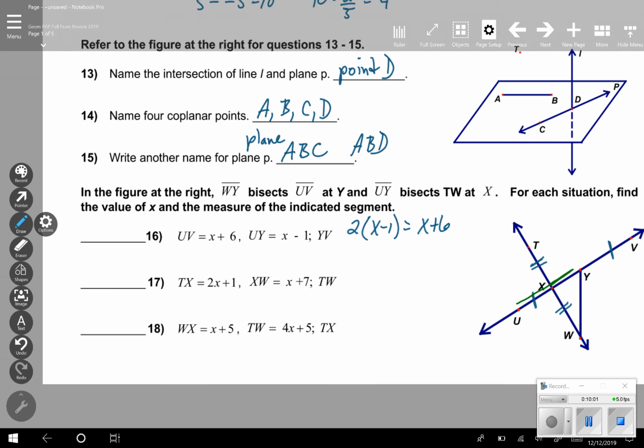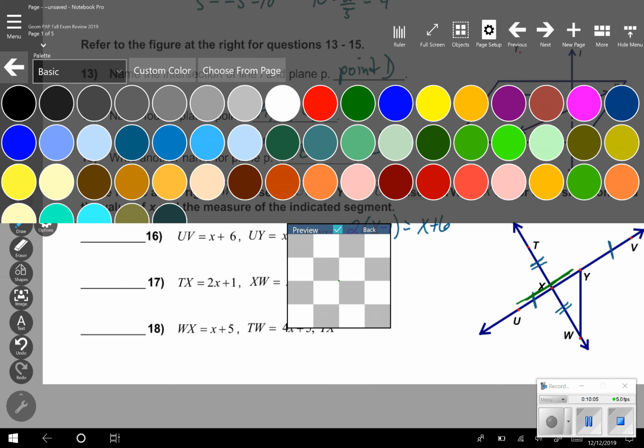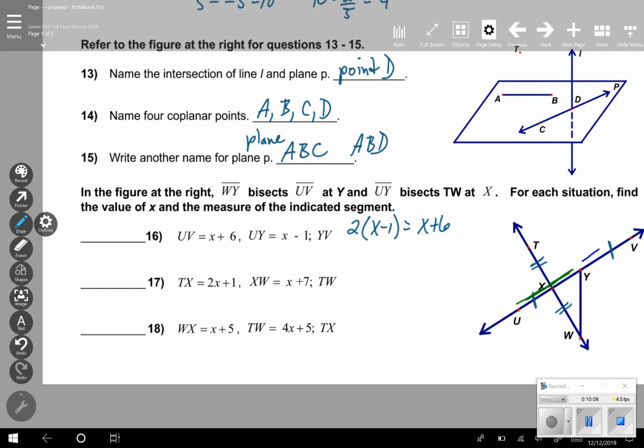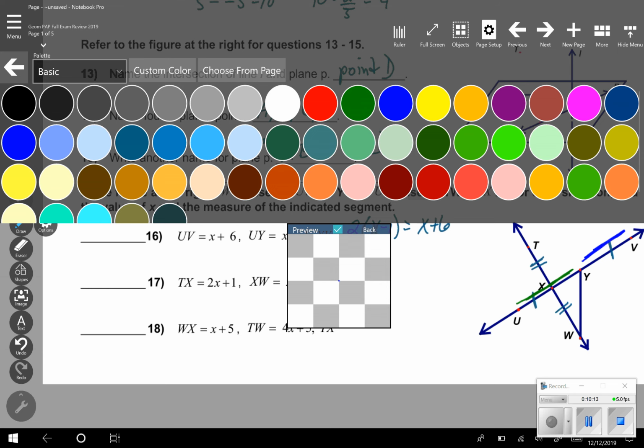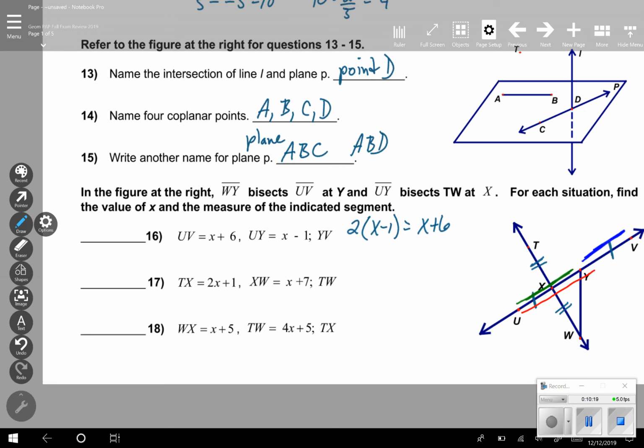UY and YV are equal to each other, and if you add them, you get UV. So that's why I'm doing 2 times the half of it. So we get 2x minus 2 is equal to x plus 6.